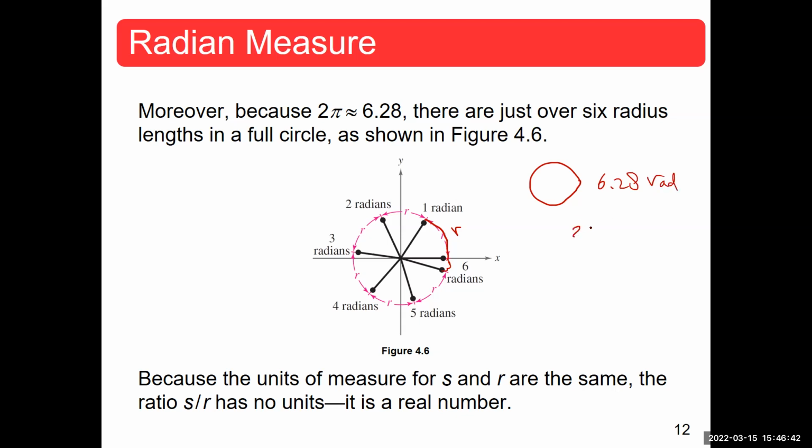And we also call it 2 pi. How much is pi? 3.14 radians. Pi is 3.14 radians.